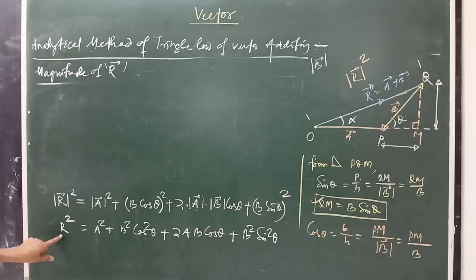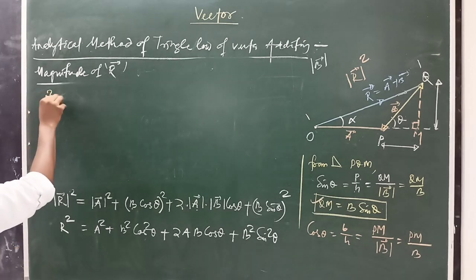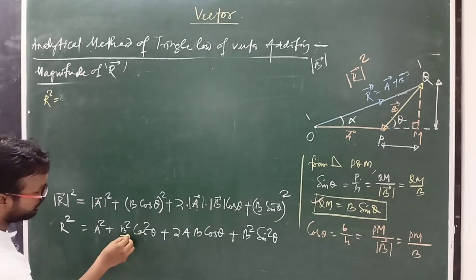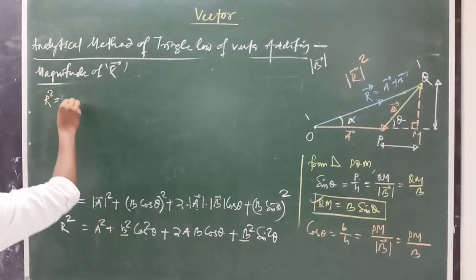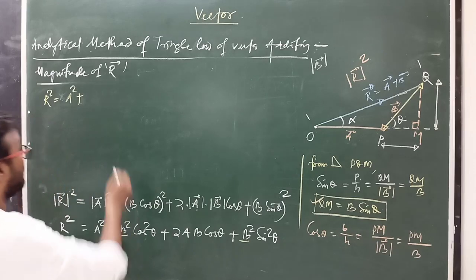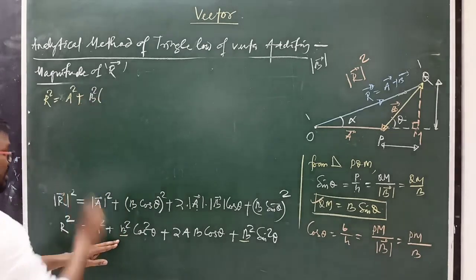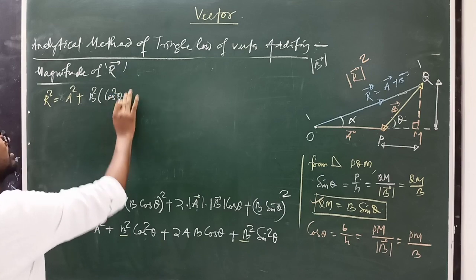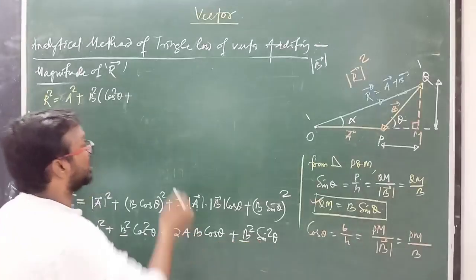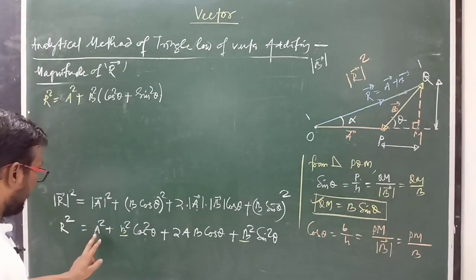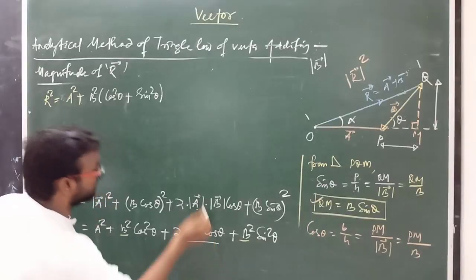If you solve it, R square equals A square plus B square, because here cos square theta B square and here also B square. So B square is a common term, B square into cos square theta plus sin square theta.